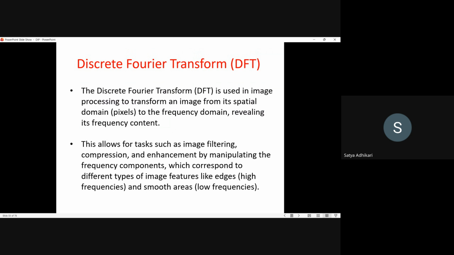This allows for tasks such as image filtering, compression, and enhancement by manipulating the frequency components. So once it is converted to the frequency domain, you can perform such operations, image filtering, image compression, and enhancement, which correspond to different image features like edges, high frequency, or smooth areas, low frequency.